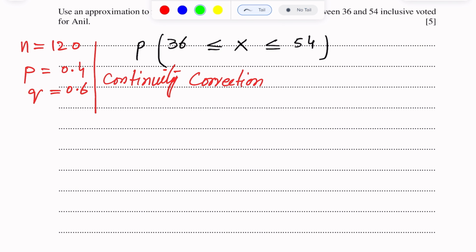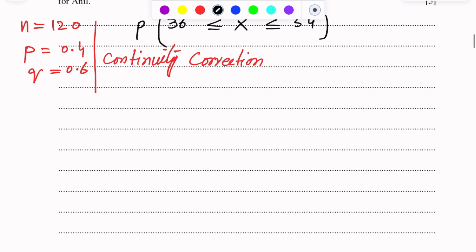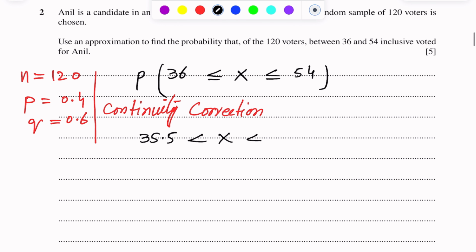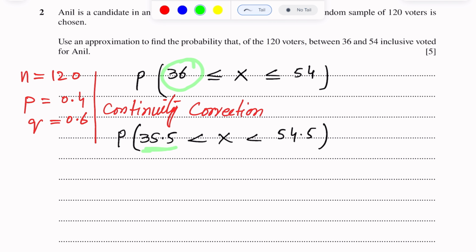After continuity correction this inequality will become X lies between the lower bound of 36, which is 35.5, and the upper bound of 54, which is 54.5. We subtracted 0.5 from 36 and added 0.5 to 54.